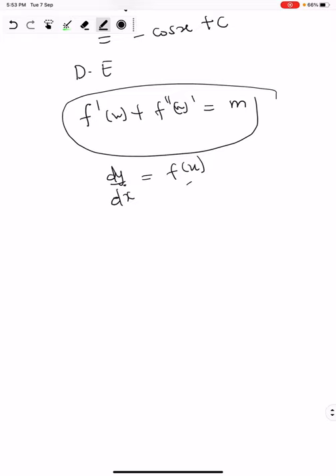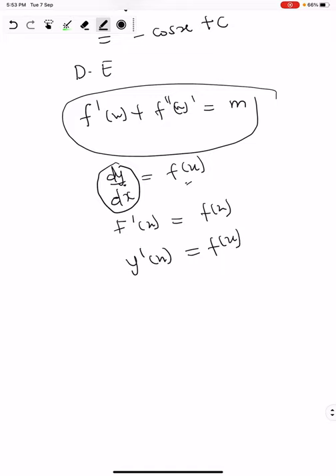Remember, an antiderivative of f is a function capital F whose derivative is equal to f of x. So if I have dy dx, then it means that y prime of x is equal to f of x, and this is the exact definition of an antiderivative of f of x.